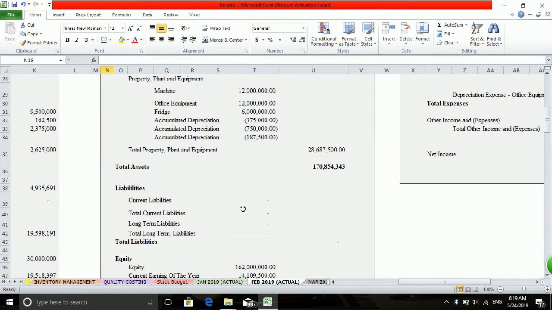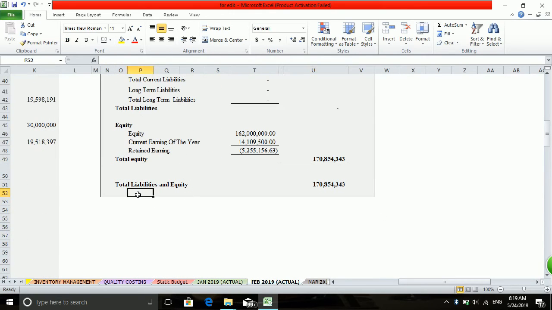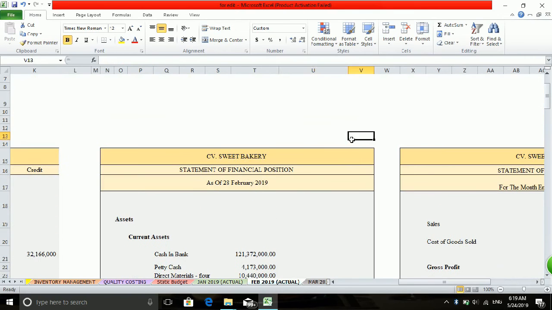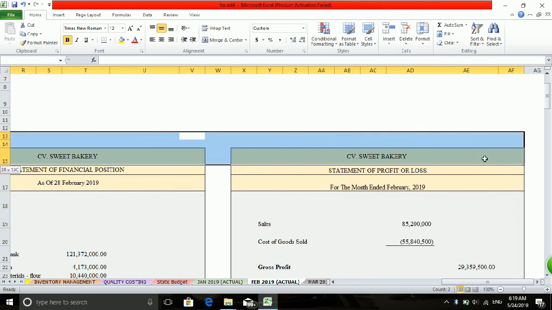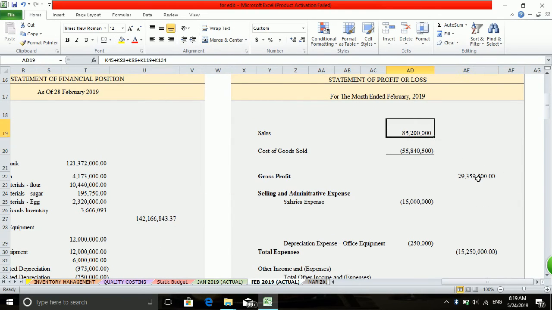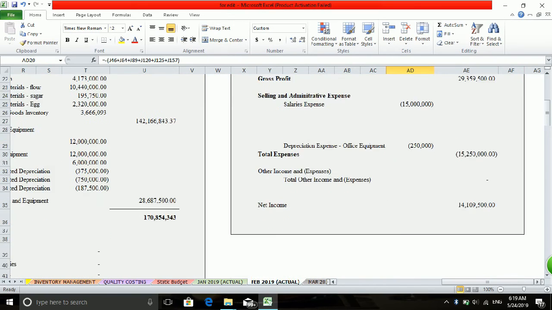It shows assets in this nominal, and total liabilities and equity in this nominal. And with the statement of profit or loss, it shows the sales in this nominal, cost of goods sold, selling and administrative expense, and it shows the net income in this nominal.